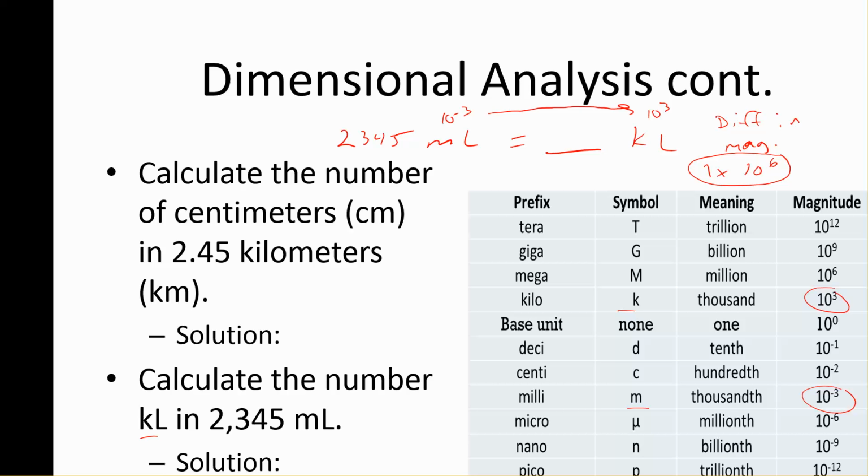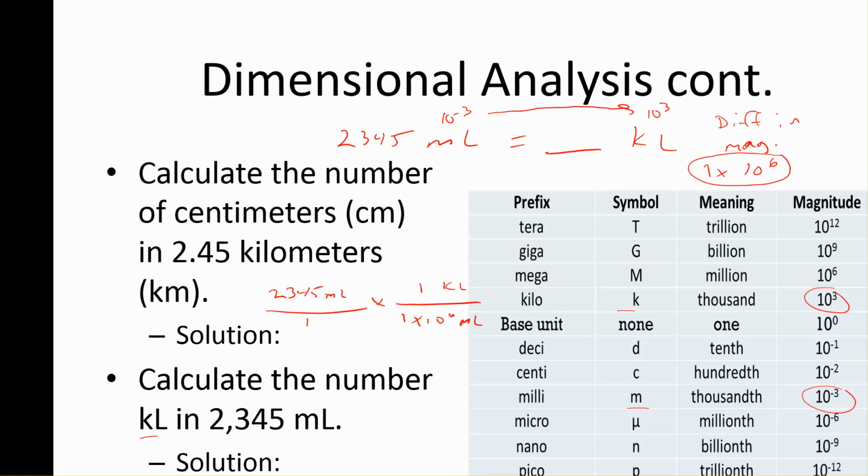All right? So let's write that out. So I'm going to go 2,345 milliliters over 1, times 1 kiloliter over 1 times 10 to the 6th milliliters, right?